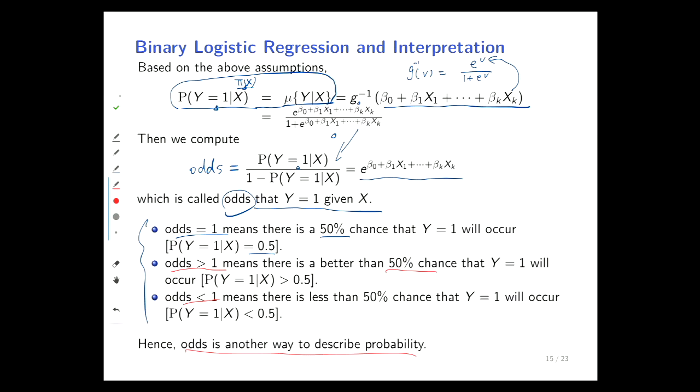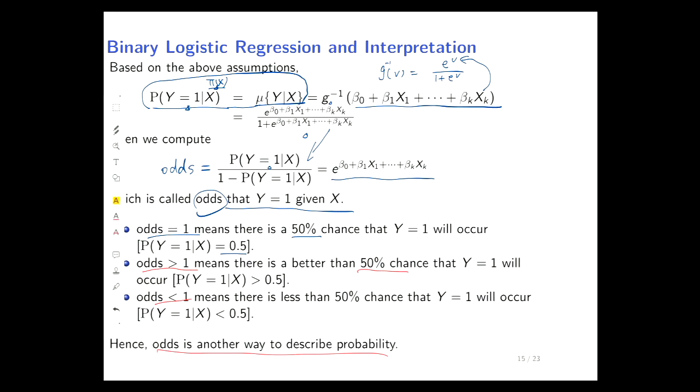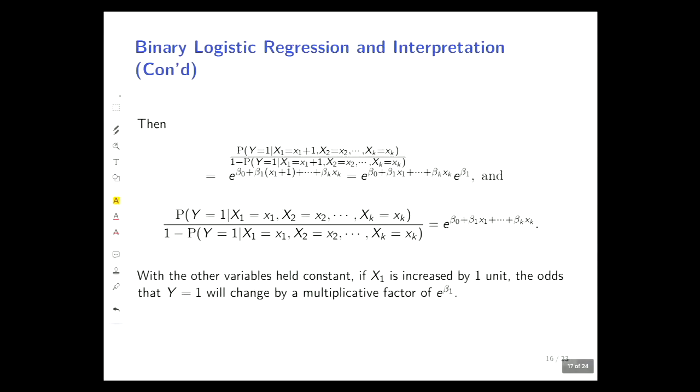After introducing this concept, let's look at how to interpret this binary logistic regression model. Firstly, let's compute two things. Let's first compute the odds that y equals 1 given x1 equals x1 plus 1, x2 equals x2, until xk equals xk.